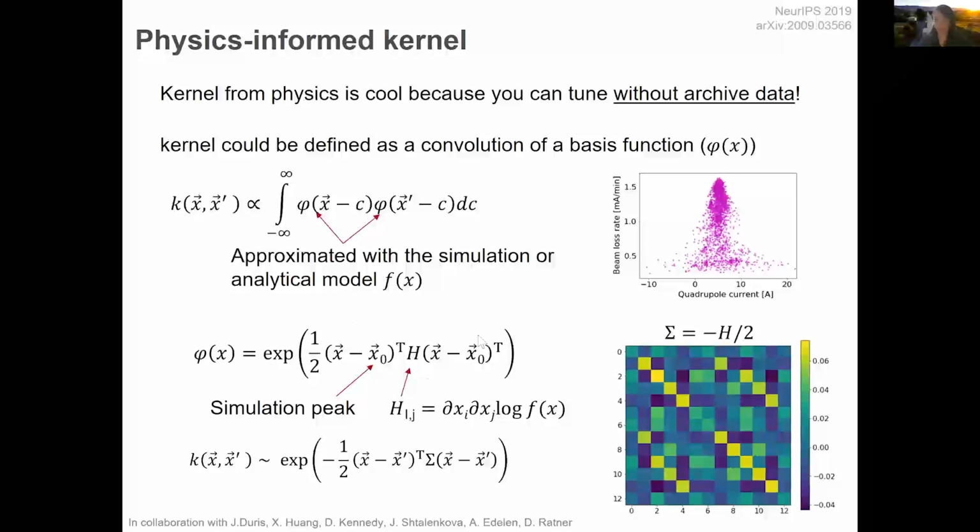So this basis function that you see here with this Taylor expansion is a good approximation of this objective, also far from the optimum, because of the shape of this objective.